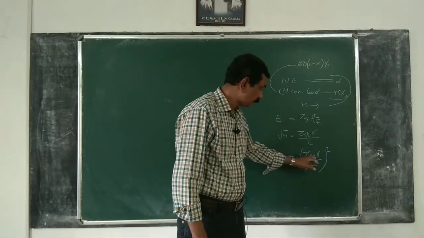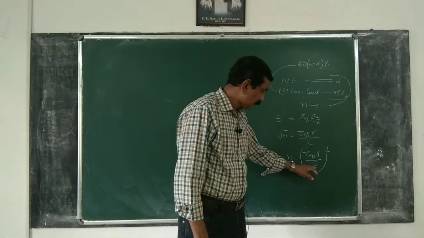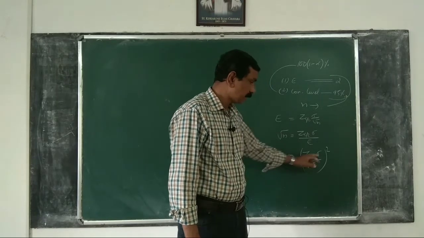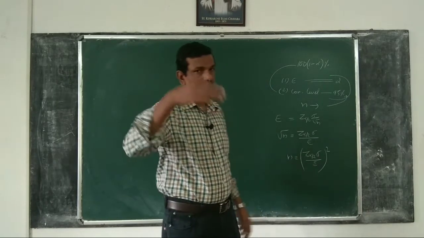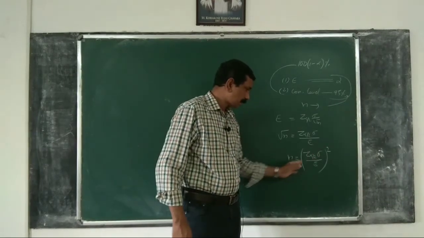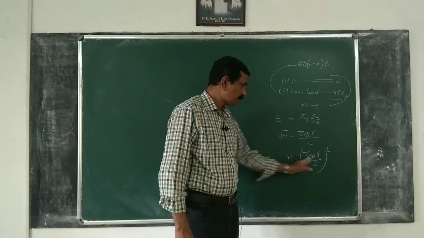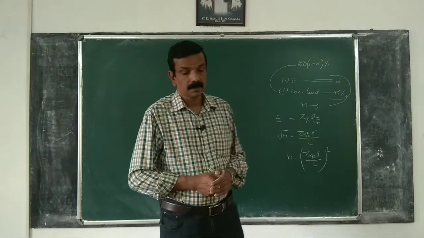Z alpha by 2 is given, E is given, sigma is unknown, that we will see how sigma is actually inserted here. Then the required sample size can be calculated.